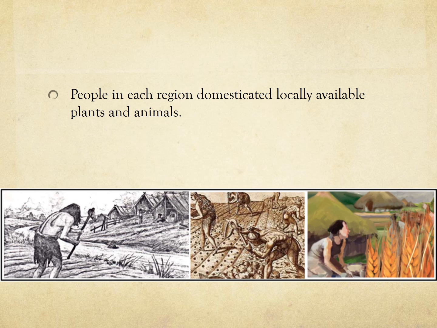It makes sense. You're not going to domesticate a camel in the middle of Canada. So it makes sense that camels were domesticated in Africa and in Asian areas. You domesticate the animals that work well for your area. Same with plants.